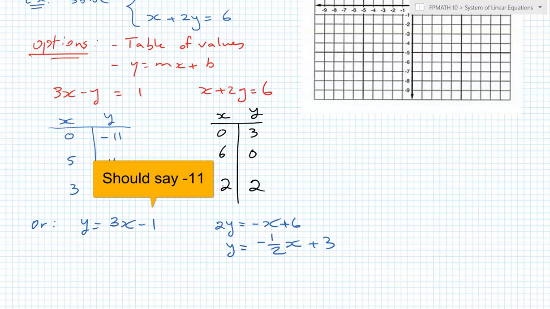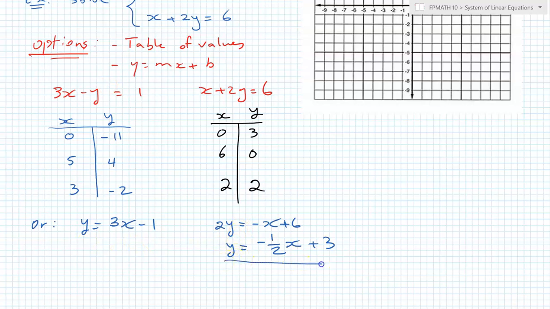Or if you don't like that, you may want to change the original form of the equation into slope-intercept form, and then you can graph that. Whichever you decide to do, it doesn't matter. So now you go ahead and graph each line.